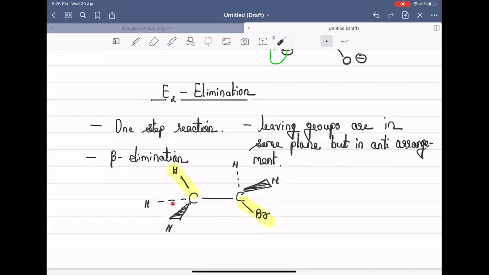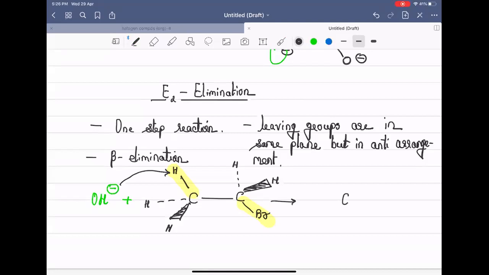You can see that the bonds are staggered, and you have H on a normal bond above, and Br on a normal bond below. So this is anti arrangement, right? And now you have your base, which can be something like OH. In alcohol, OH would act as a base, and it would try to pull this H. Now there is this one-step concerted process.